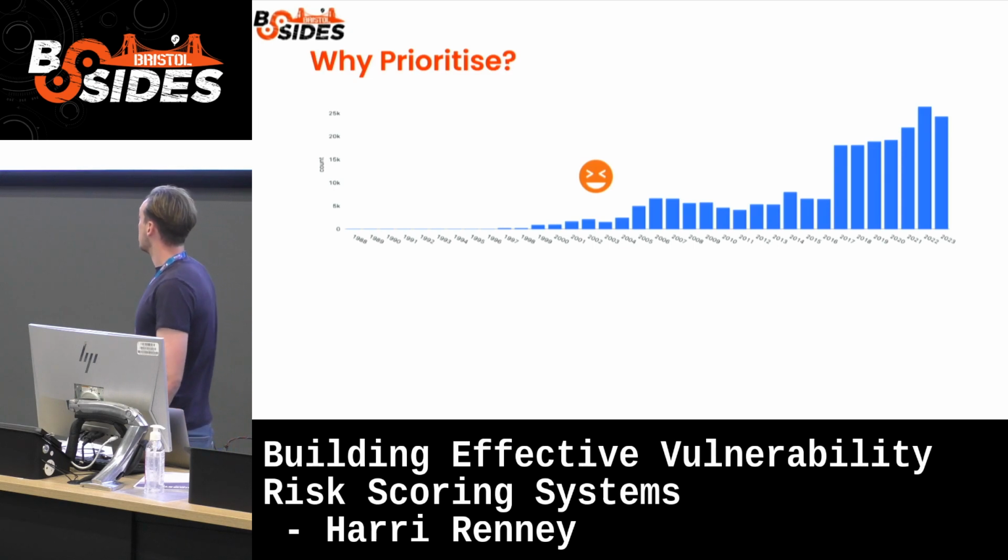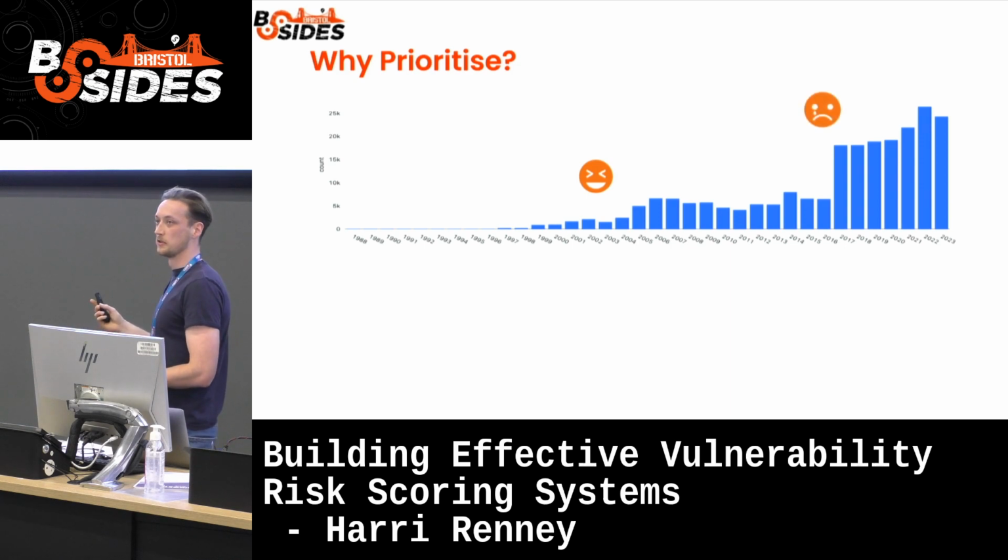But this is actually a graph showing per year how many new vulnerabilities are being published. So these are all accumulating, right? Over 200,000 vulnerabilities are registered as an official vulnerability, and you can see they're getting progressively higher and higher, especially in recent years. So we're moving into a world where you can't just do things manually anymore.